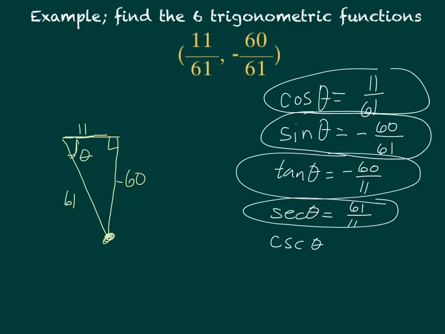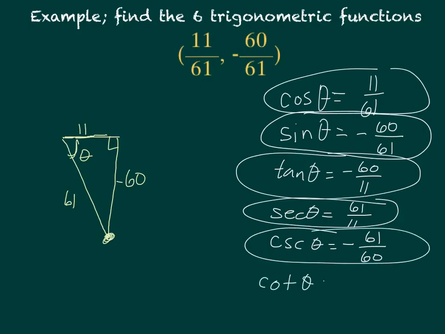Cosecant of theta is equal to negative 61 over 60. And finally, cotangent of theta is equal to 11 over negative 60. So there's your 6 trigonometric functions.